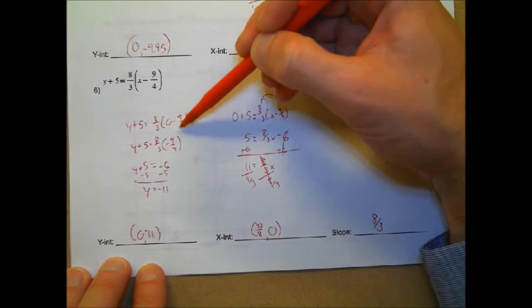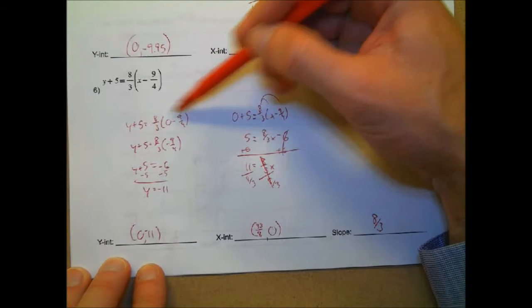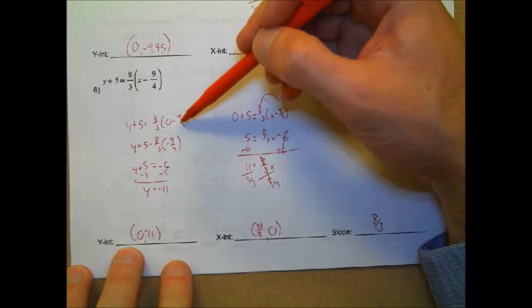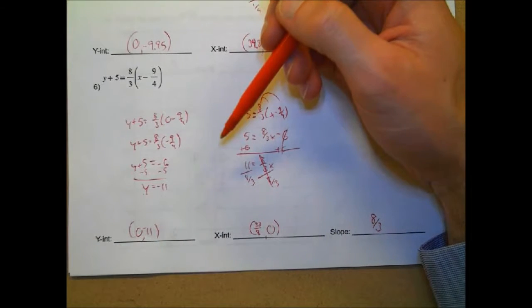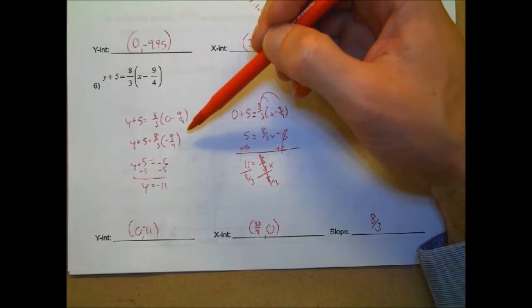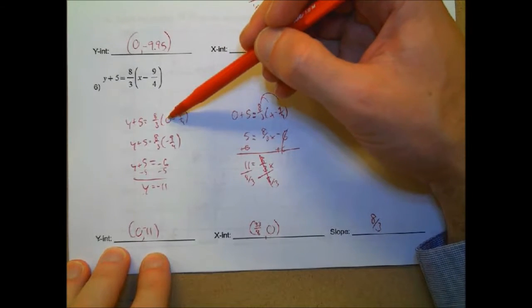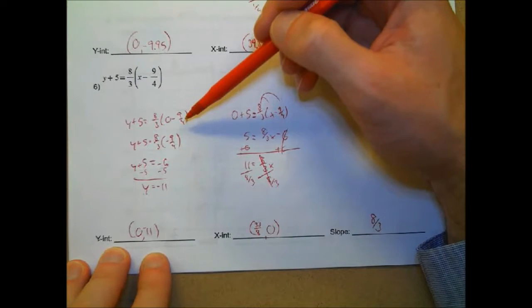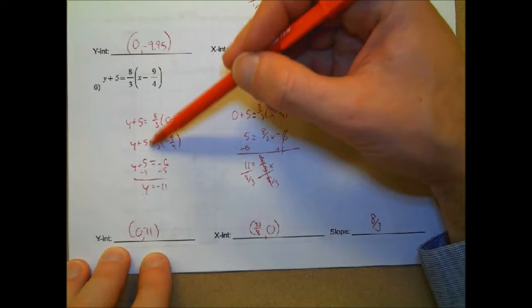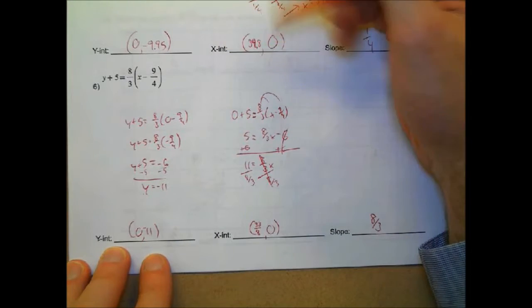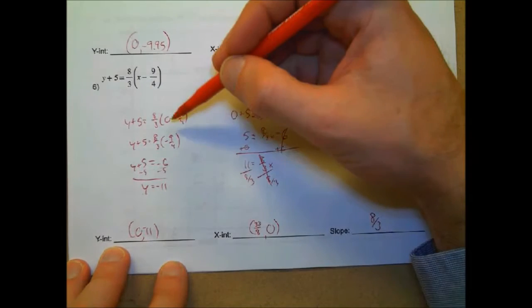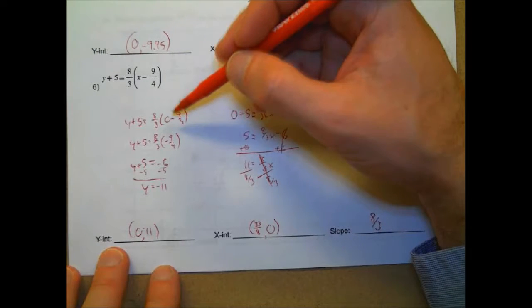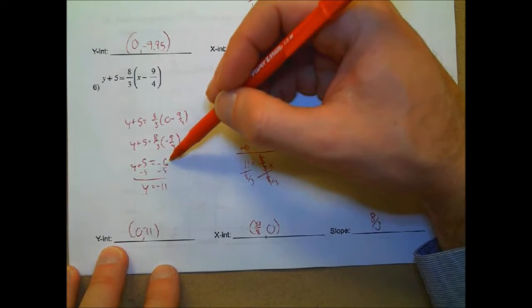You would have done 8/3 times 0. If you did use the distributive property, it would have been 8/3 times 0, 0, minus 72 over 12 there. So it'd be negative 72 twelfths. You didn't have to, but if you used it, it should still be okay. And negative 72 over 12 is negative 6. Really? Oh, yeah. Yes.